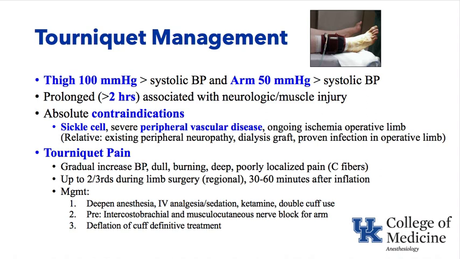You can deepen anesthesia like intravenous fentanyl or intravenous ketamine. You can potentially use a double cuff, where from the very beginning, if you have one cuff inflated and the other one down, you can inflate the other cuff and let the other one down and potentially reduce tourniquet pain.